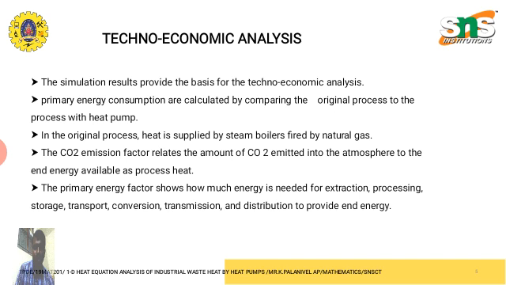The primary energy factor shows how much energy is needed for extraction, processing, storage, transport, conversion, and transmission and distribution to provide end energy. Carbon dioxide emissions and primary energy consumption mainly depend on the energy carriers used for electricity generation. For this calculation, the Australian electricity mix in 2011 was used.